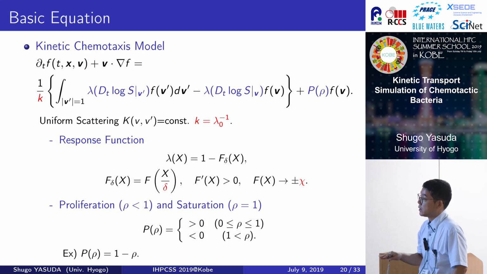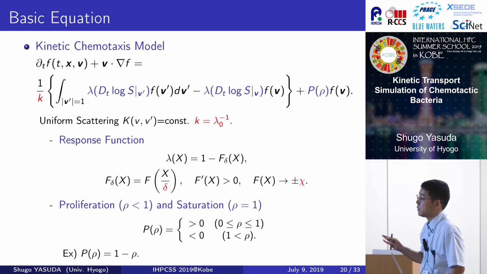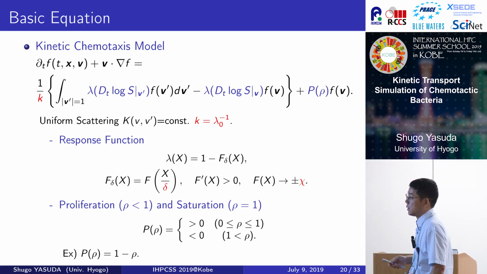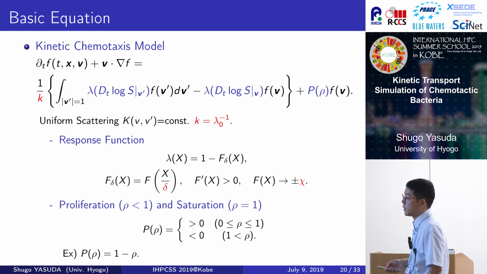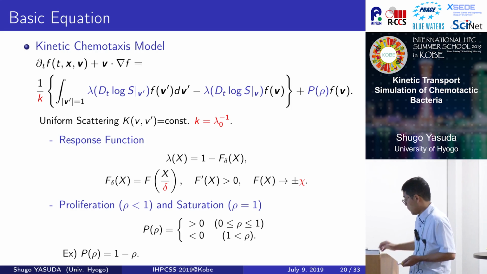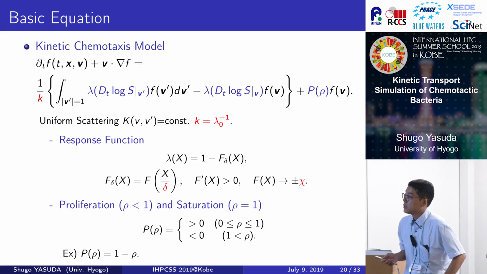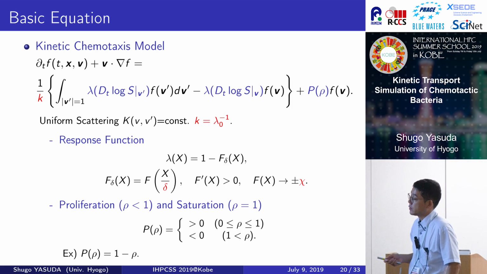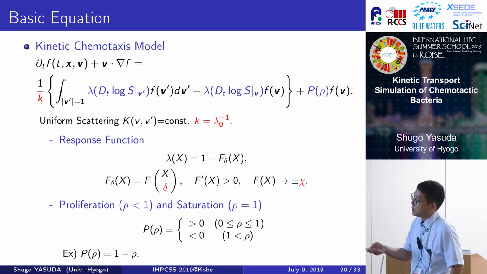But when the density is close to the saturation density, rho equals 1, this P has a negative value. And we have the saturation at rho equals 1. Okay. And we also consider the stiff and bounded response in this equation.